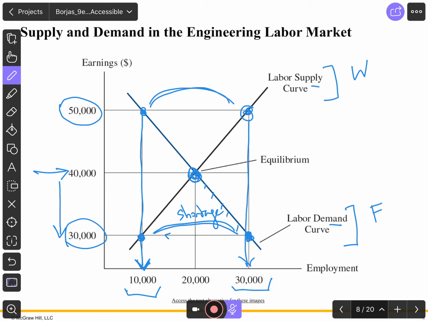And this is exactly like what we did in the introduction to economics, and this is the surplus of workers, or we can call it the unemployment. So based on that, an interaction is going to happen until we reach a point of satisfaction for both employers and workers, which we call the point of equilibrium.